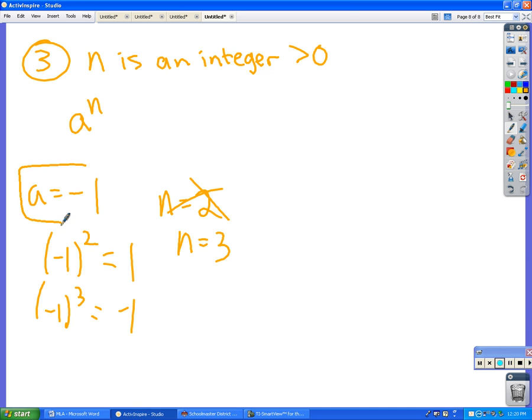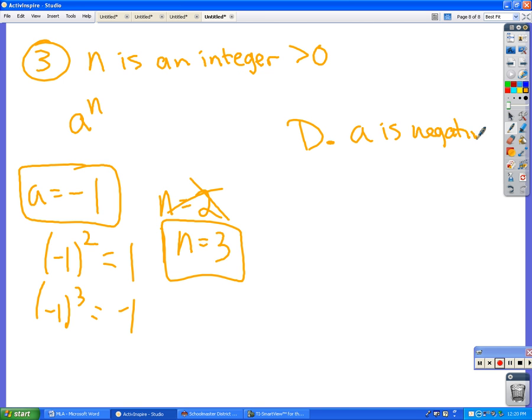Not only does a have to be negative, what has to be true about n? n has to be odd for that to work out to be a negative number. So the answer is D. So a has to be negative and n is odd. Okay, so it's not enough just for a to be negative. You have to also raise it to an odd power for that to work.